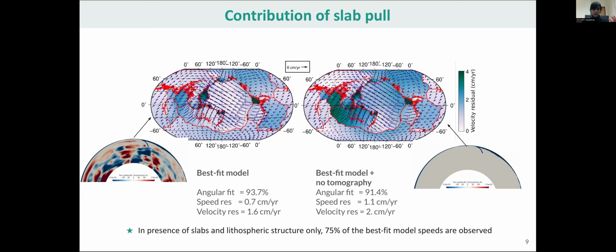But places like India and Australia are more influenced by the lower mantle tomography. So if we remove this lower mantle tomography, the fit becomes quite poorer. And overall, we see that 75% of the observations can be explained if we have no lower mantle tomography, but only slab pull from the Slab2 model.